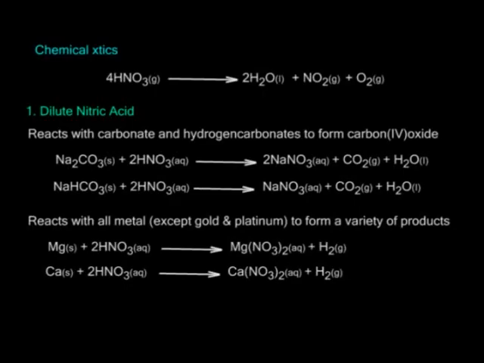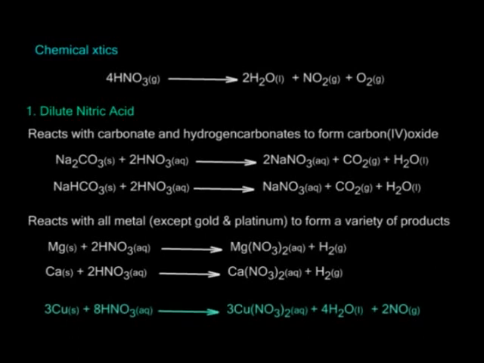The corresponding nitrate is usually formed, but other products range from hydrogen, nitrogen, nitrogen 1 oxide, nitrogen 2 oxide or nitrogen 4 oxide. For example, with cold, moderately concentrated nitric acid and copper, nitrogen 2 oxide is formed.